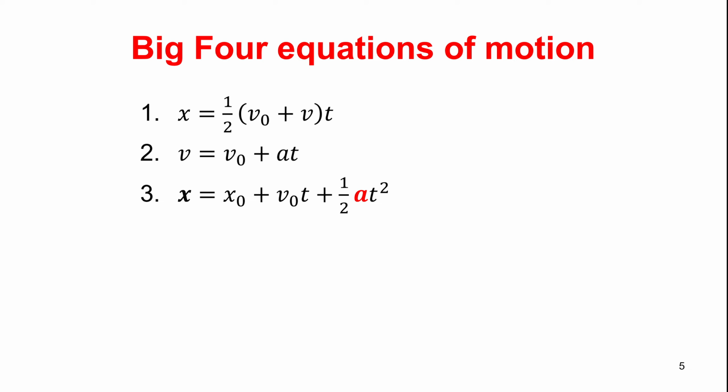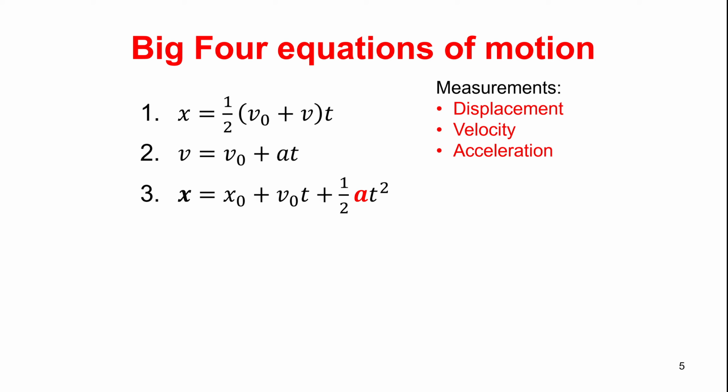Again, we have derived these just based on the definitions. We have integrated the definitions, and these are the equations that we get by just integrating. So all of this is going to help us measure the displacement, velocity, and the acceleration. We're going to talk about the fourth equation later on.